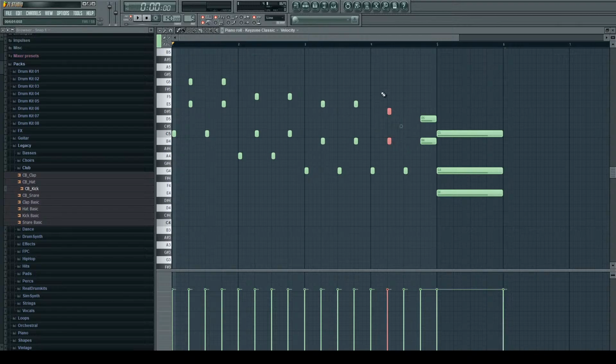Gonna accent this. So now the lead melody is doing that. Sounds kinda jazzy now, huh? Or bluesy.